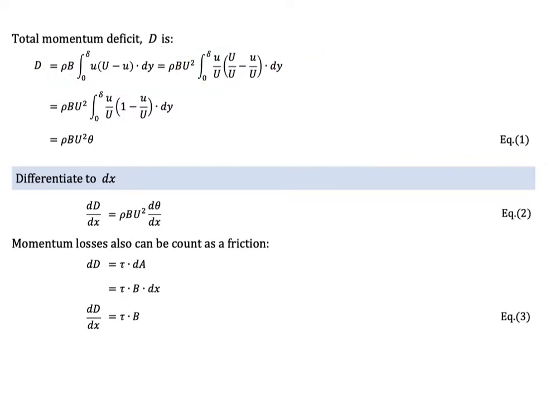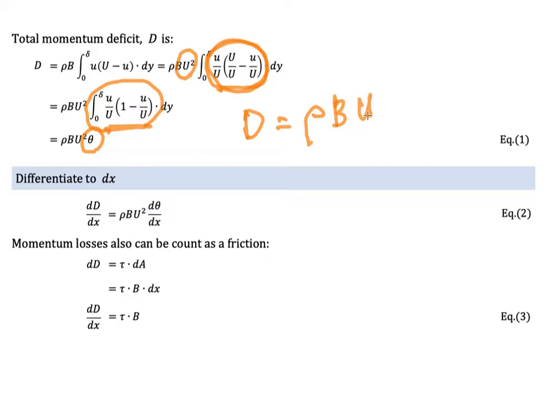So we have a U squared here, and then we have this term. If we solve this term, we get this simplified term, which is actually similar to the equation of theta. So we could write D is equal to rho b U squared theta.